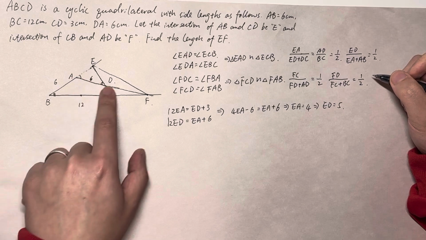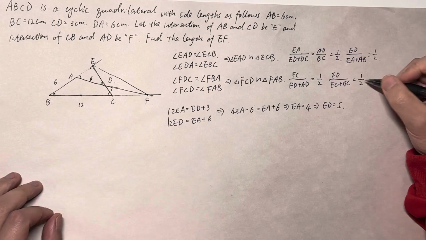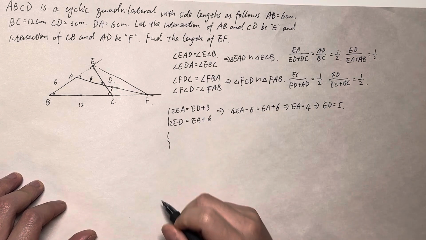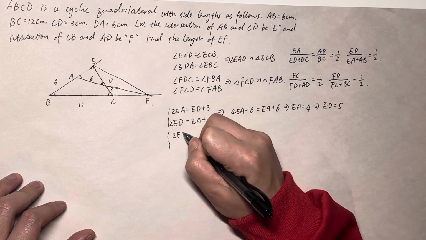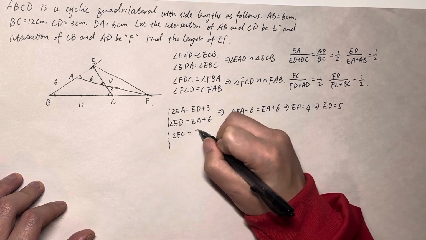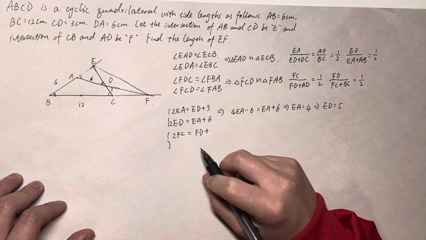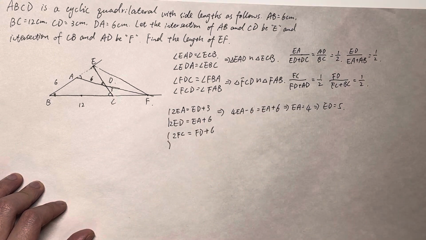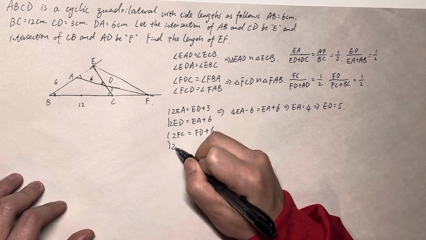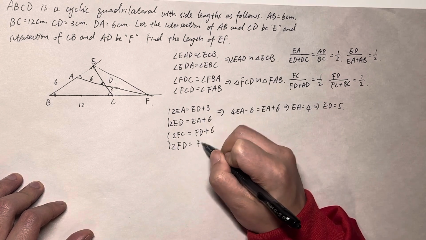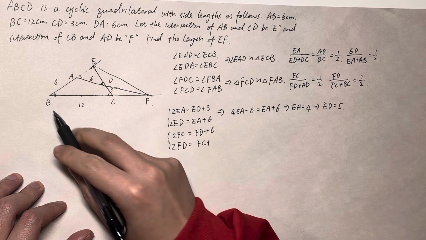DC to AB, that's 3 to 6, 1 by 2. So from that, we have 2FC equals FD plus AD. AD is 6, right? And 2FD equals FC plus BC. BC is 12.